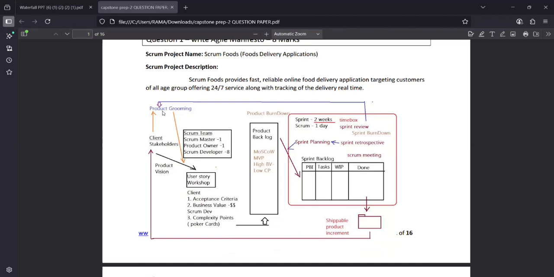After that the product owner will prepare the product vision document, and then write the stories, adding acceptance criteria and BV and CP values. After that the product grooming session will be done. After that the sprint planning, sprint review, daily stand-up, and sprint retrospectives will all be discussed going forward.